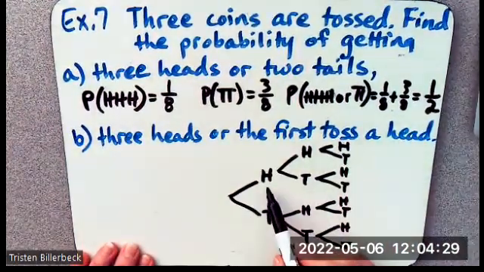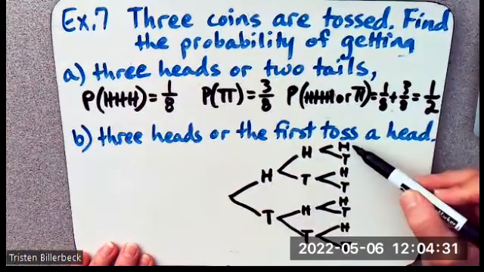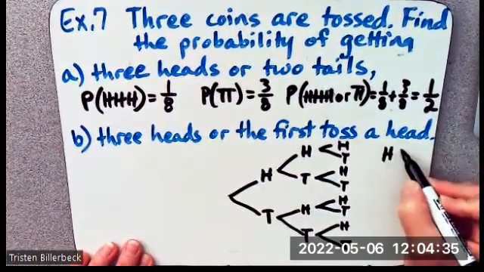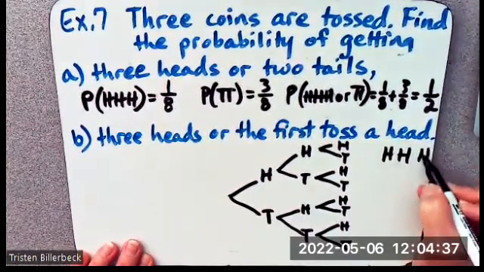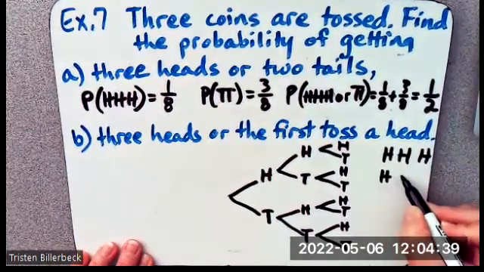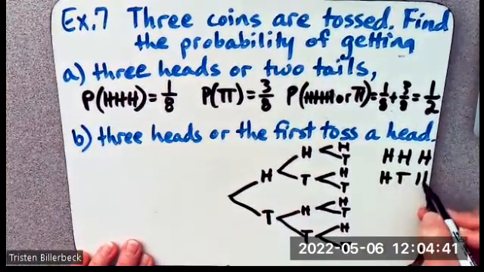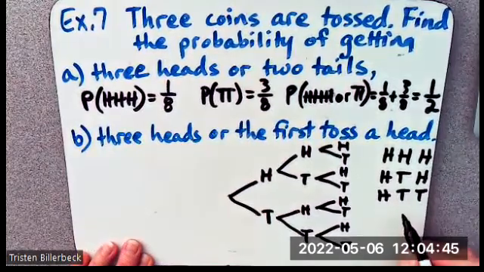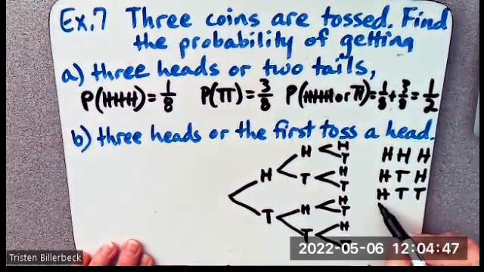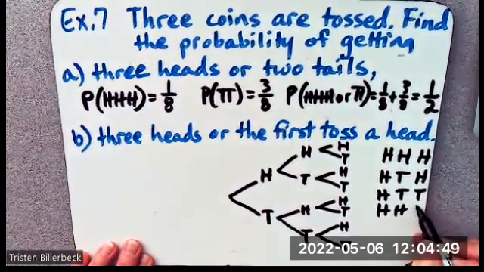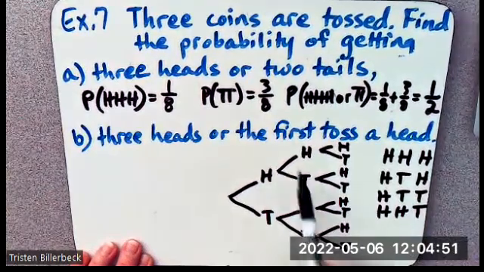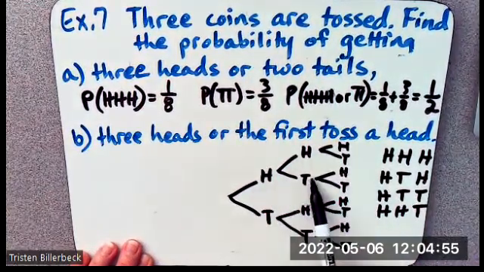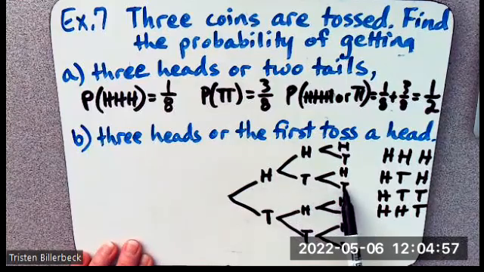Okay, so when we have the first toss a head, that gives us 4 different things here. The first toss a head is head, head, head; head, head, tail; head, tail, head; and head, tail, tail.